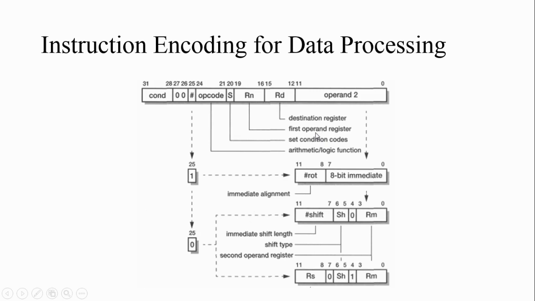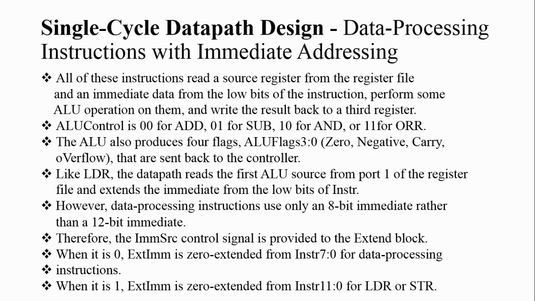The second operand register will be configured in these bits 0 to 3, right? And here the immediate value will be an 8-bit immediate value. That is what you are going to see.